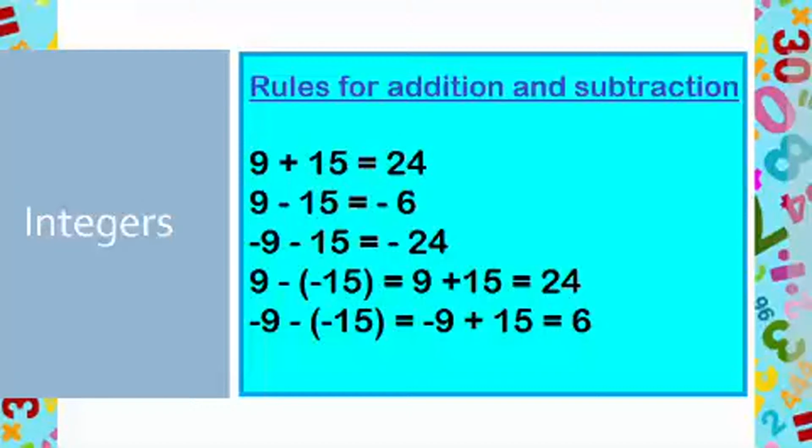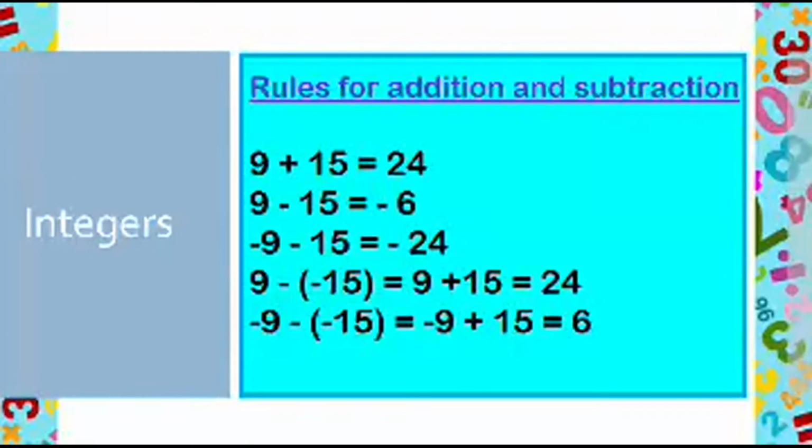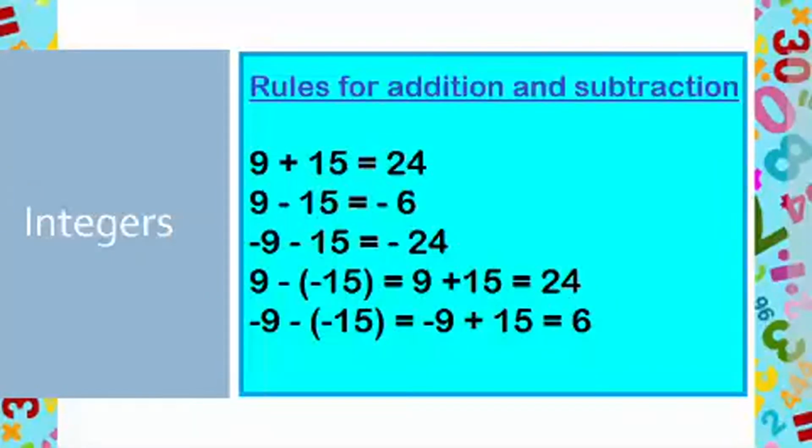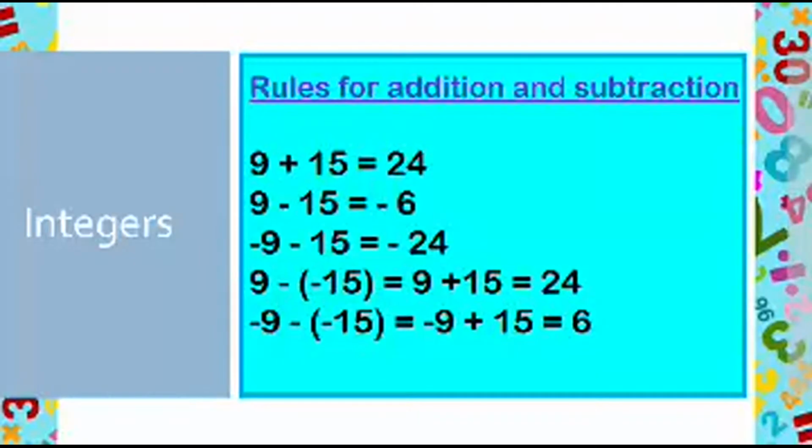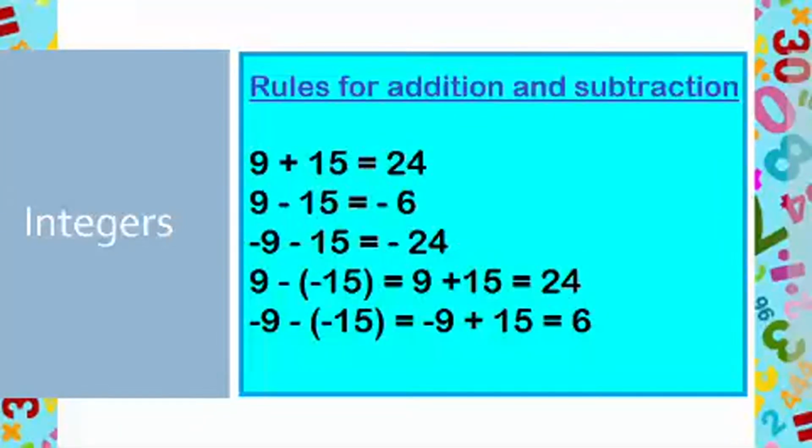When both are positive integers, we add them and write the number as it is. Then what if there is one positive integer and one negative integer, like minus 15? When you have one negative integer, you have to subtract the numbers and give the sign of the greater number.